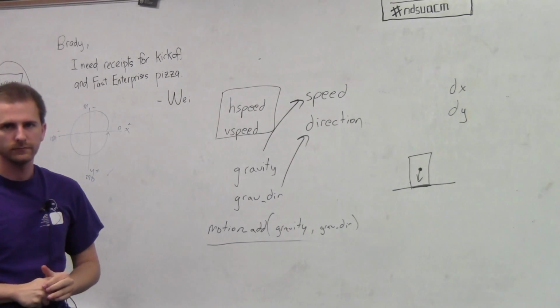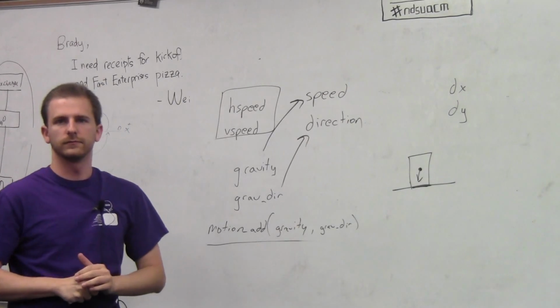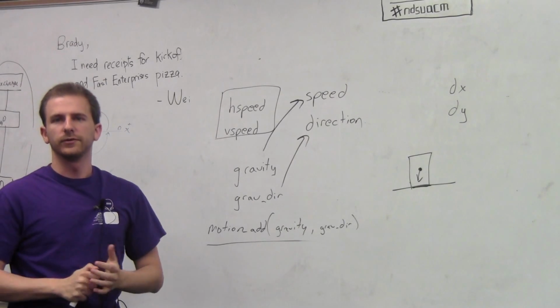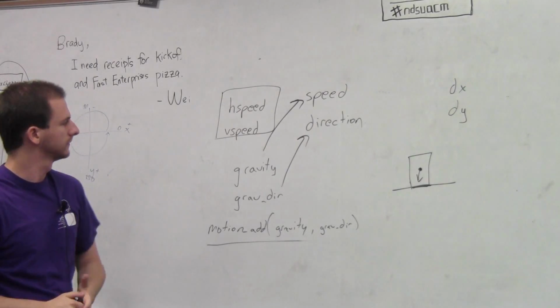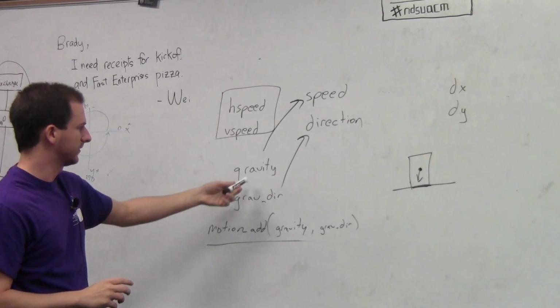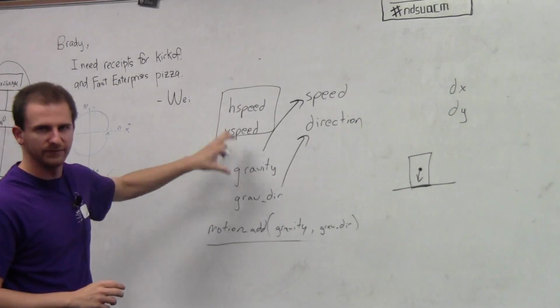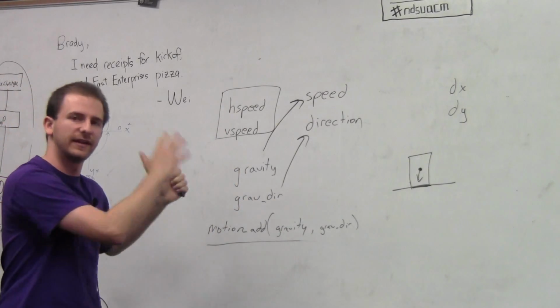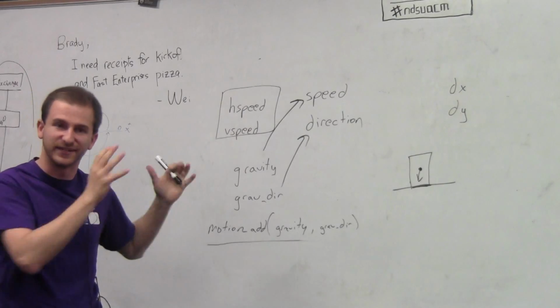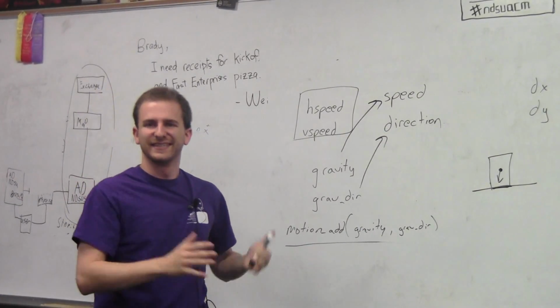So it sounds like you're just using your own variables instead of GameMaker's because, well, GameMaker's kind of... You can't set conditions on GameMaker's, and that's really the problem. So you have to continually set these to go, well, no, now the gravity needs to be 0 because I'm on the ground. And then you start jumping. It's like, okay, well, now gravity actually needs to take place, so I need to reset the gravity variable.